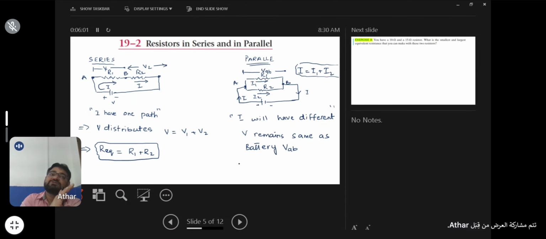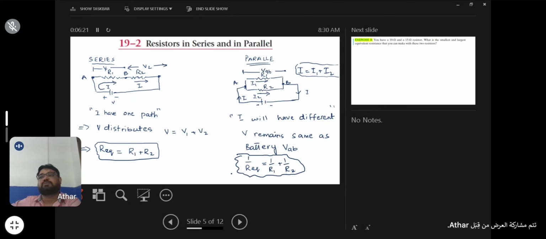In series, your resistance will be more than 4. In parallel, it will be less than the least. So, how do you use the formula? You use 1 over Req is equal to 1 over R1 plus 1 over R2. But for two resistances, we can change this formula.